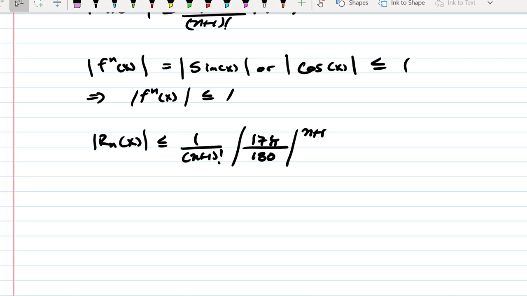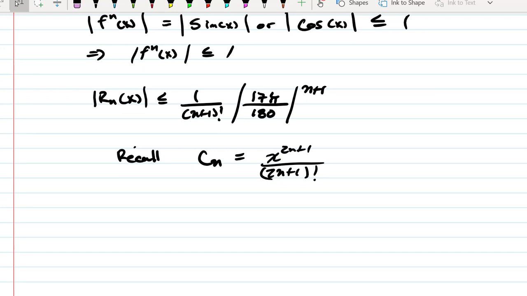So this is our remainder theorem, but we have to recall that the c_n's were x to the 2n plus 1 all over 2n plus 1 factorial, because we had every other term equal to 0. So we are skipping all of the even terms when we do this.